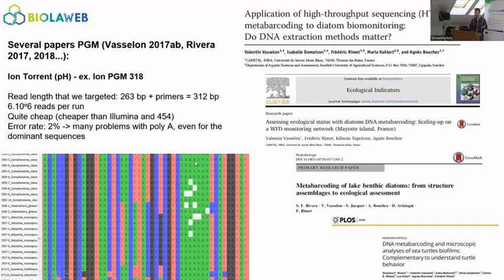It's what we call a poly A stretch. And Ion Torrent had big difficulties in sequencing these areas, and there were, as you can see here, some deletions. In fact, you don't have deletions in reality. So it was really problems even in the dominant sequences that we had with Ion Torrent. But we published several papers, even with these problems.